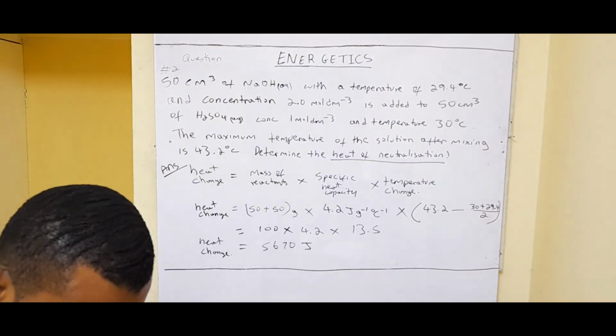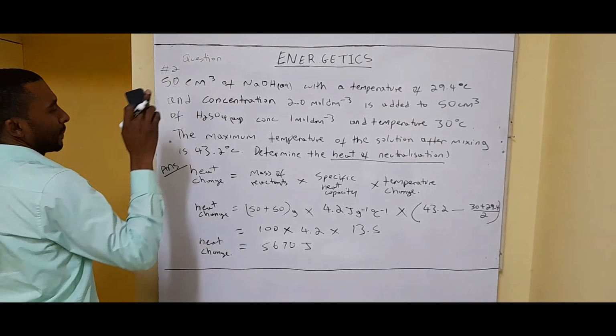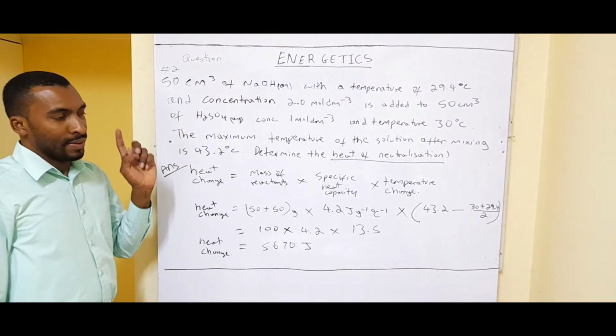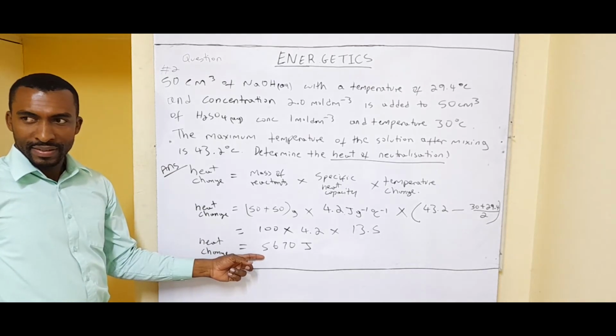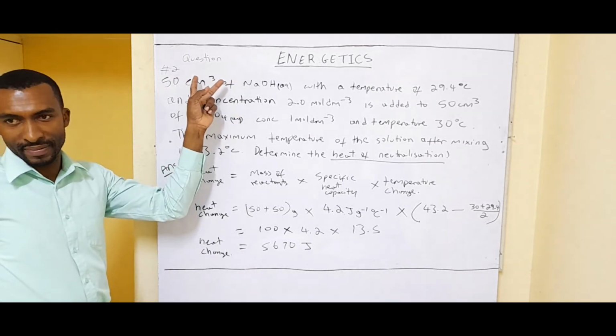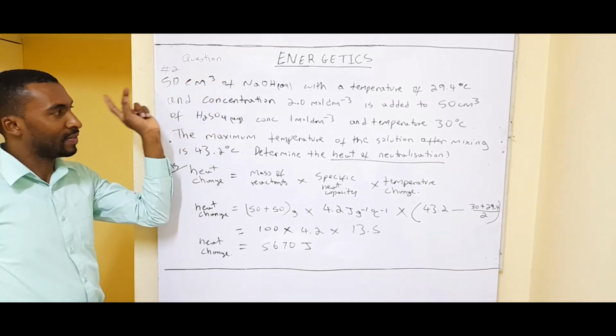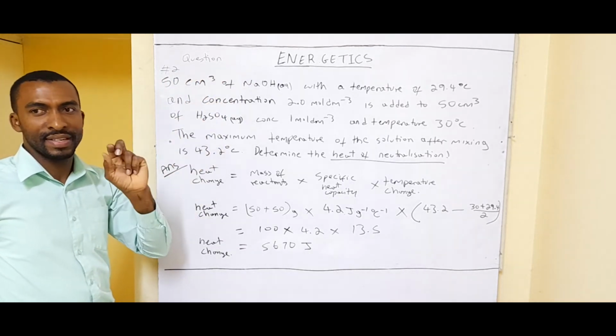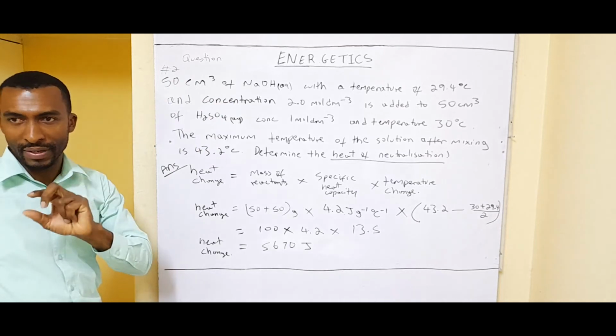So remember that this would be the heat change when that specific number of moles of the substance react. But remember that the definition is when 1 mole of water is being produced.